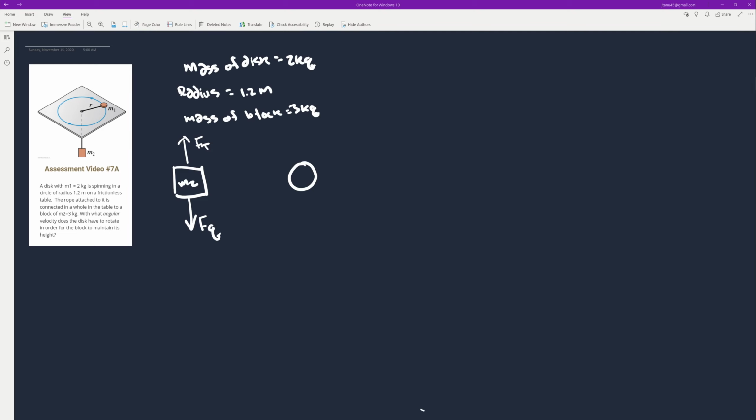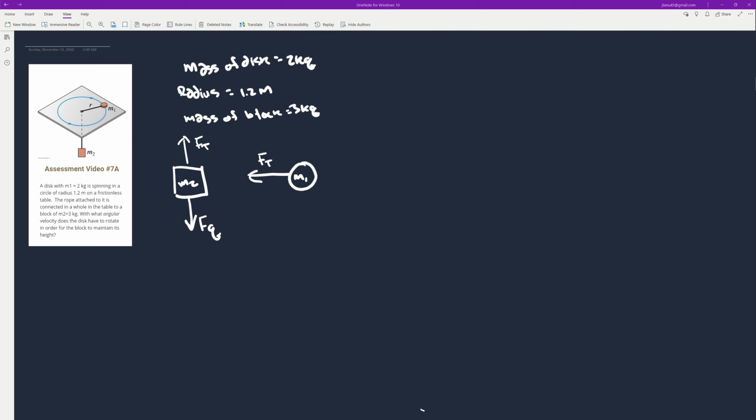Now, since we have this tension between the block and the disk, it's going to remain constant. So we're going to have this disk right here. We have this force of tension pulling on the disk.